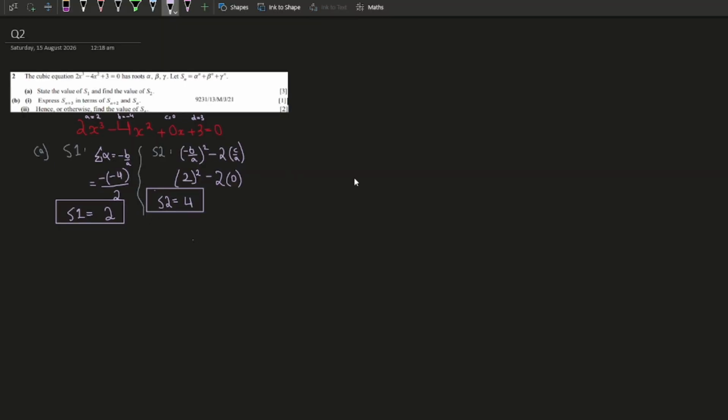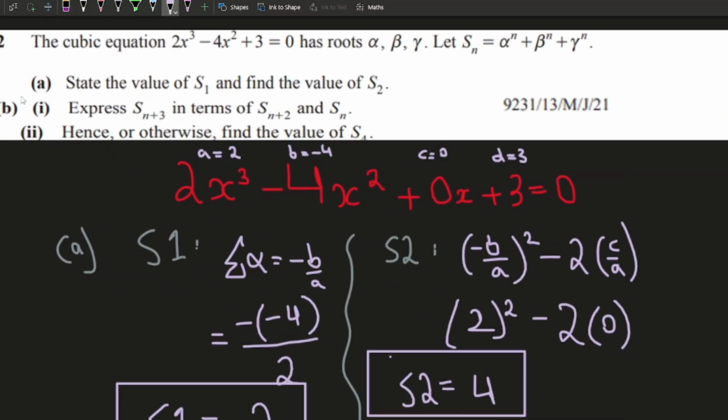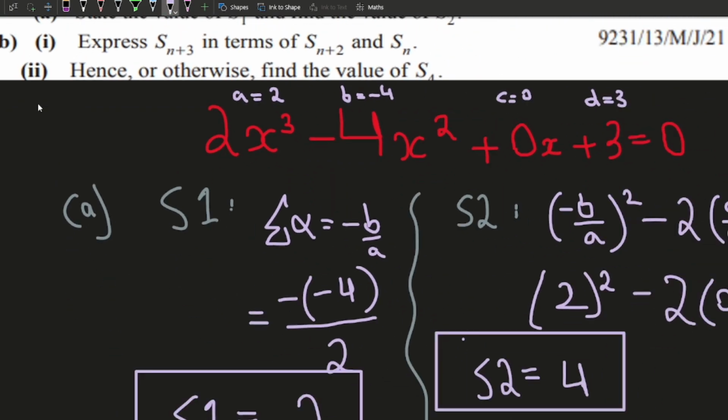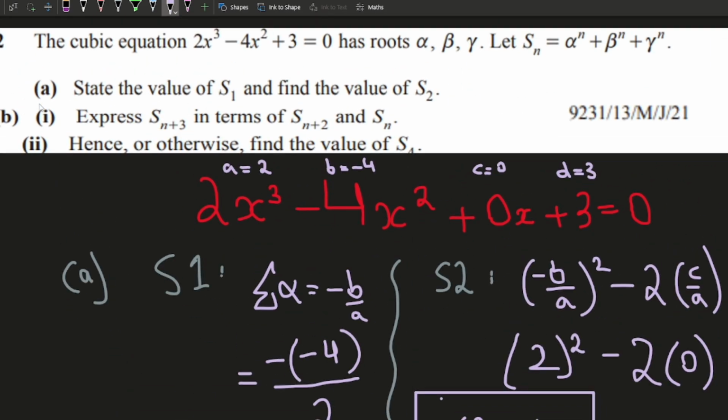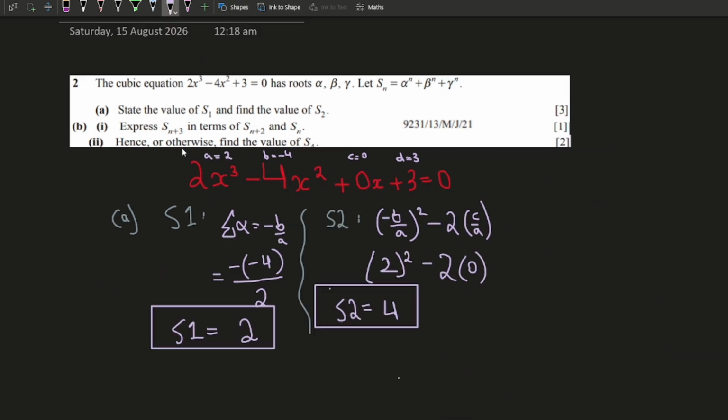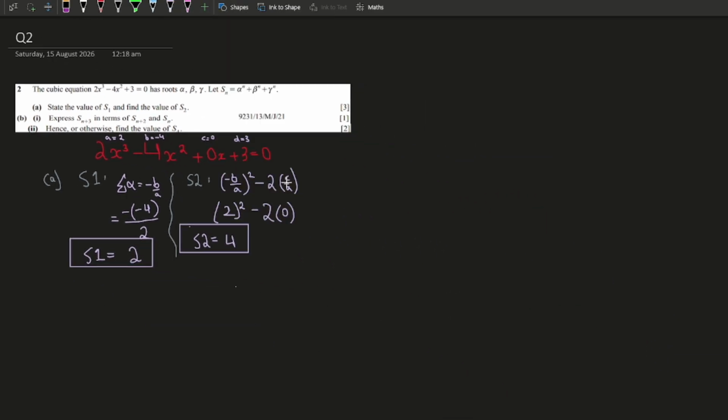Okay, now in the second part, which is B, the question is asking us to express Sn plus 3 in terms of Sn plus 2 and Sn. So how do we do this? Let me make a line here.